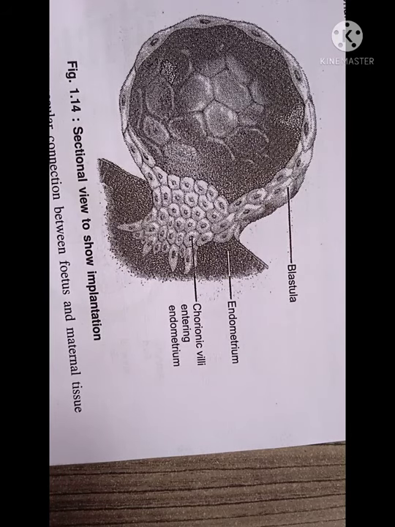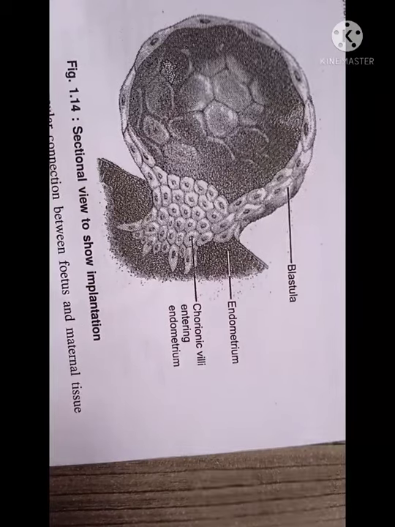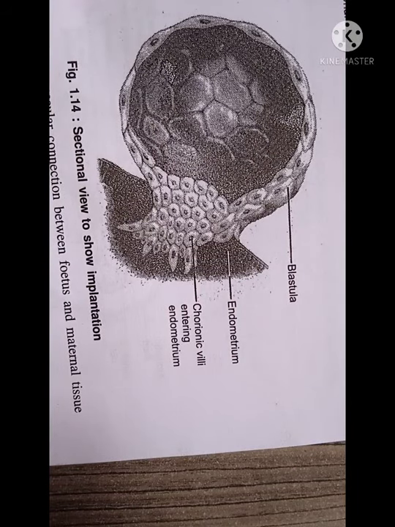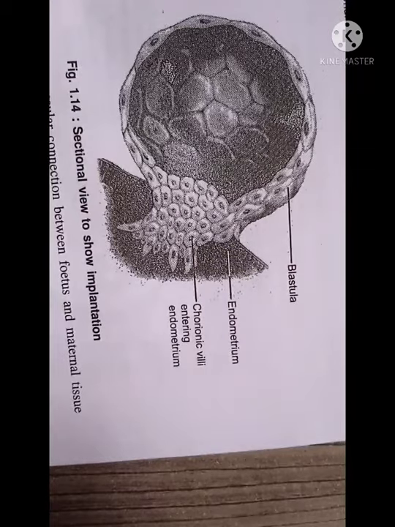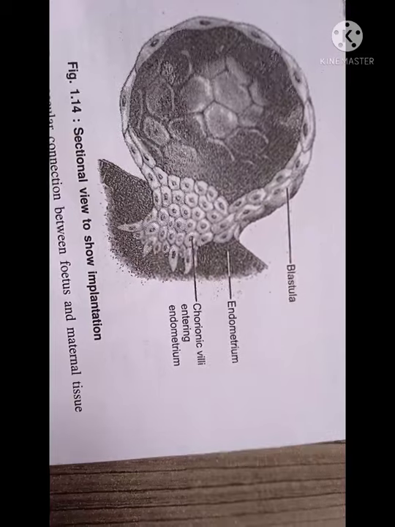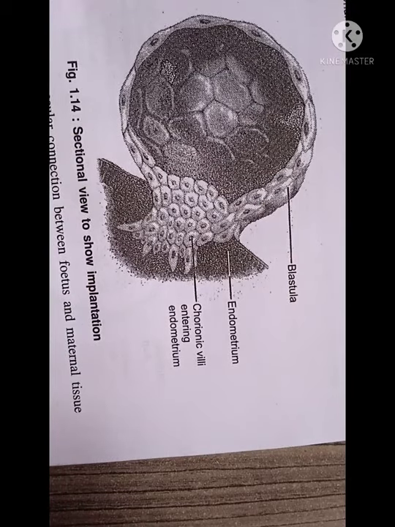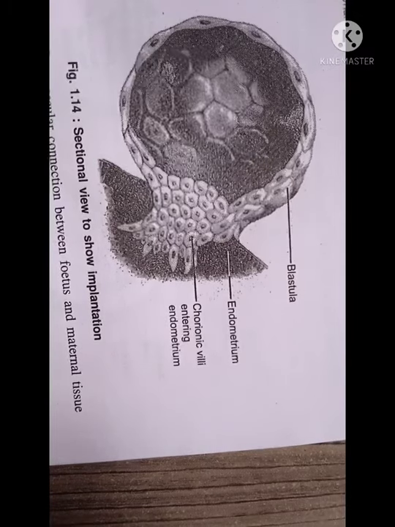Then, other physiological changes during pregnancy. First, in the mother, what changes take place? First, the birth canal is enlarged. Second, the breasts are properly developed to start lactation after parturition.